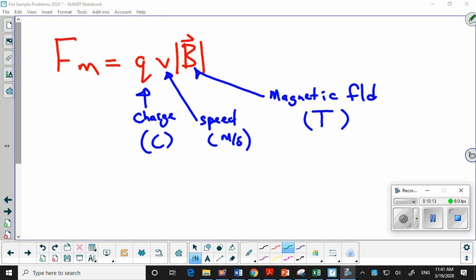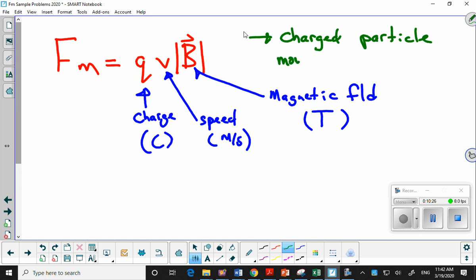So this one is going to be used when you have a charged particle moving, it has to be moving, stationary, there's no magnetic force around it, in a magnetic field. Give you a second just to look at that.